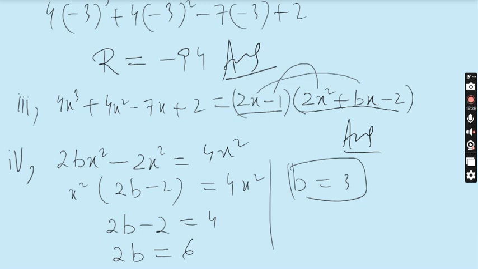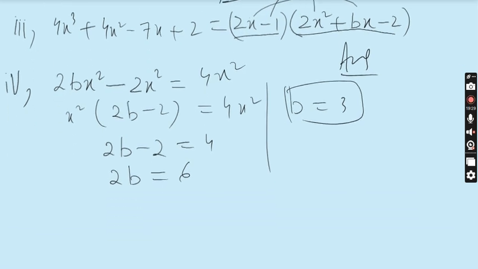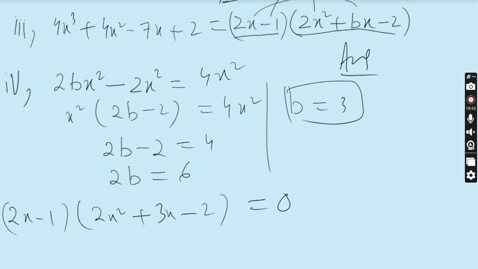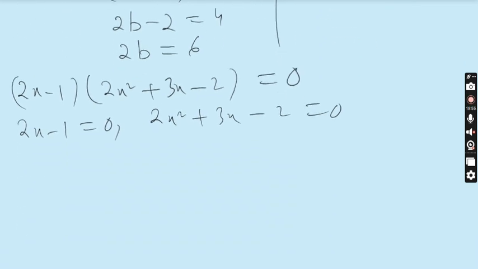So we have achieved the value of b. So again, (2x minus 1)(2x squared plus bx, b we have found 3x, negative 2) is equal to 0. So 2x minus 1 is equal to 0, 2x squared plus 3x minus 2 is equal to 0. So 2 times negative 2 is negative 4, and 4 minus 1 is 3.